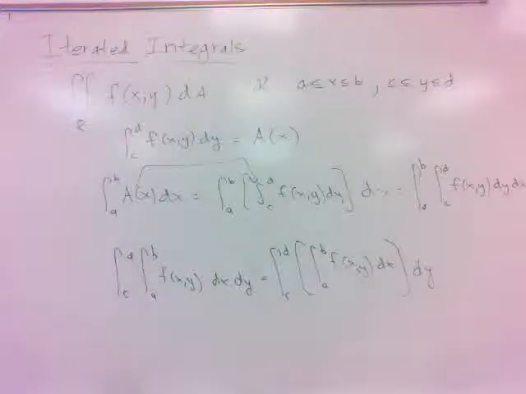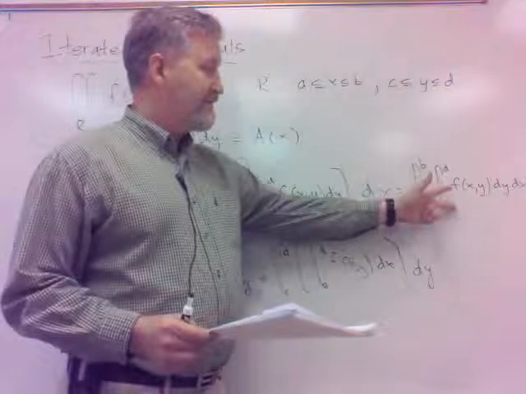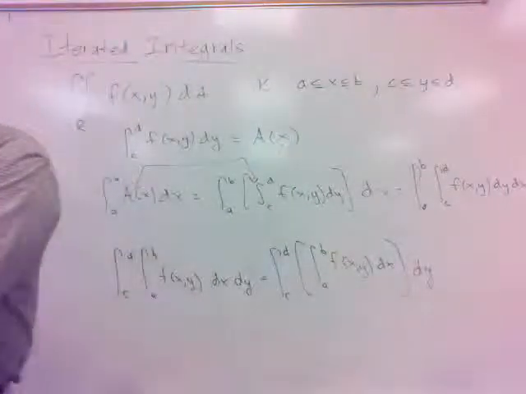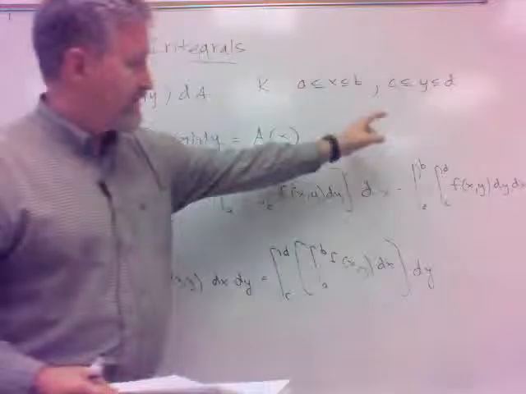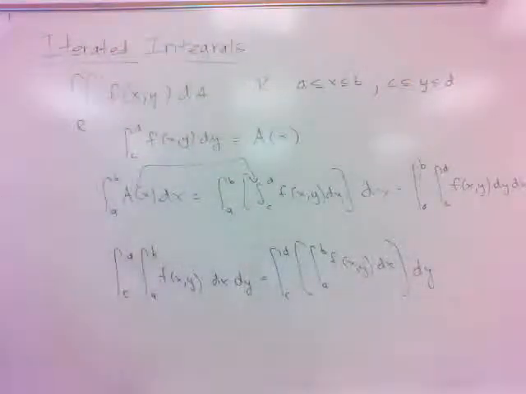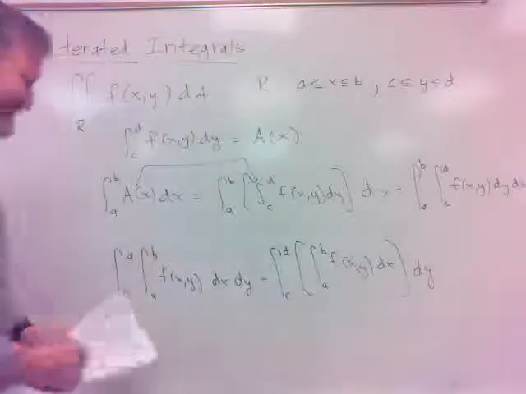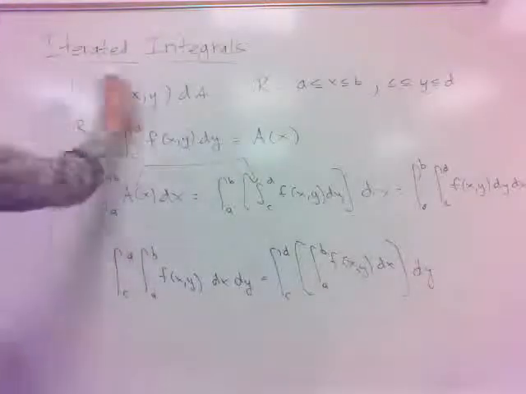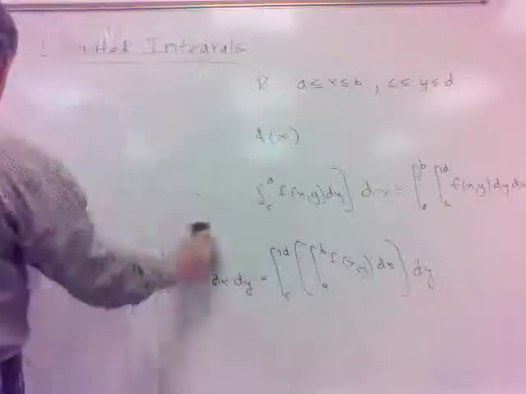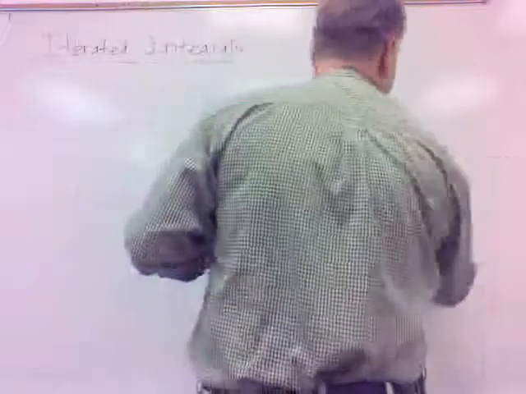Now, it does turn out an important result here is that if f(x,y) is continuous on the region a to b, c to d, for x and y, turns out they are equal. Okay. That's an important result. It's called Fubini's theorem.